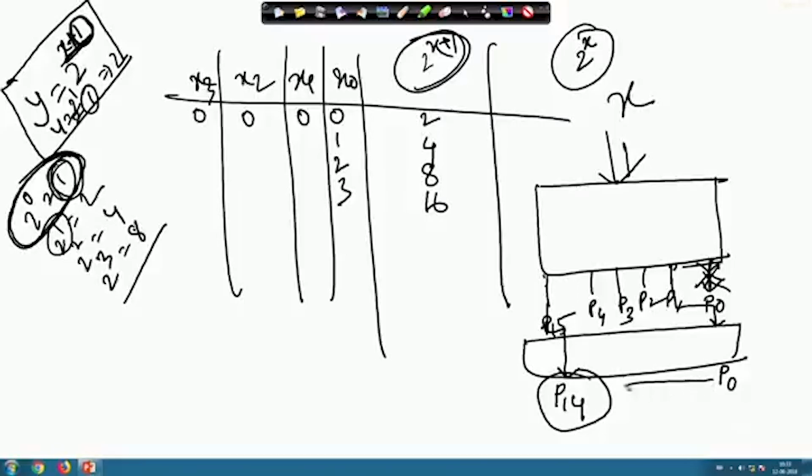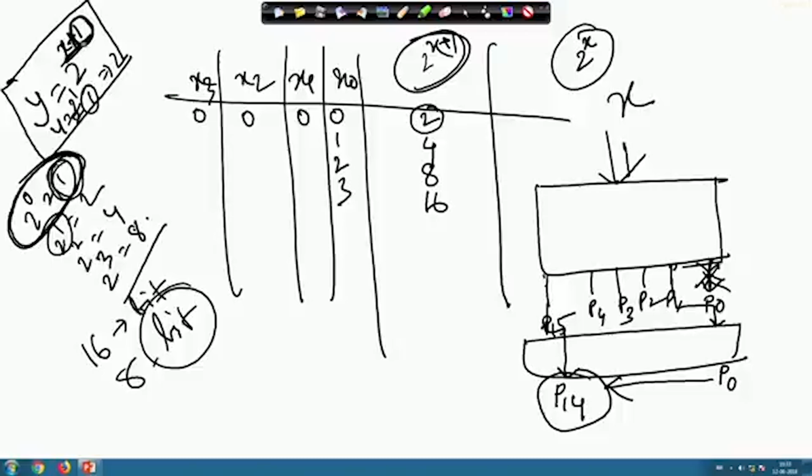Because I have just increased the power of 2, if I am considering a fixed 16 bit or 8 bit word, I cannot hold the maximum value of x.